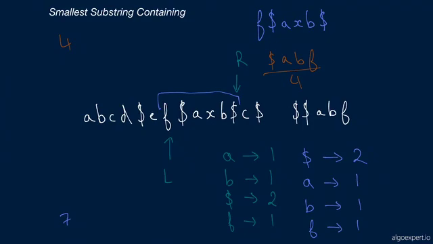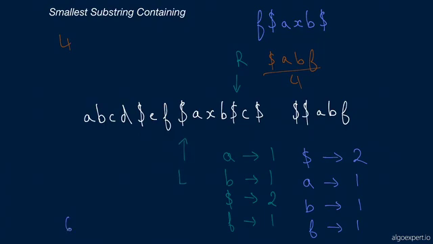So 6 is better than 7, so we can update our new smallest substring to length 6, and it's this one. Let me undo this. So I'll erase the 7 and put 6. And we're going to keep moving our left pointer to the right.